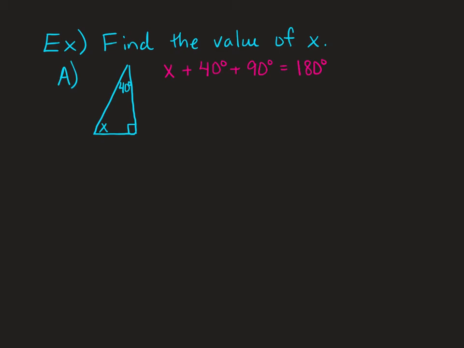So we could go through and simplify this little equation and find what x is. So I'm going to simplify and say that 40 plus 90 is 130 degrees. And then to get x by itself, we're going to subtract 130 from both sides. And x is 50 degrees.